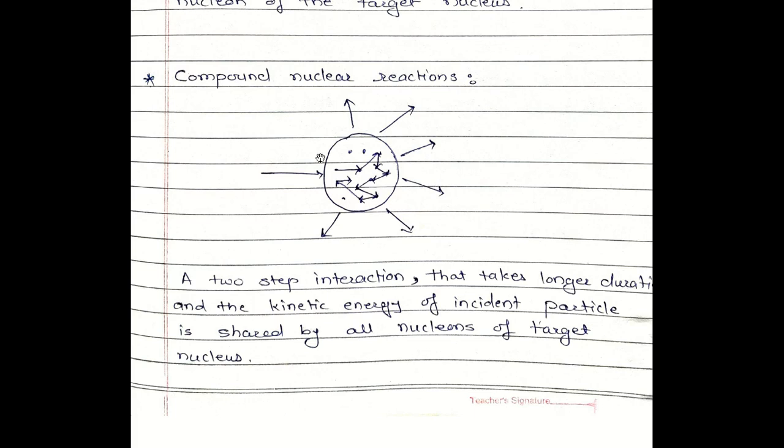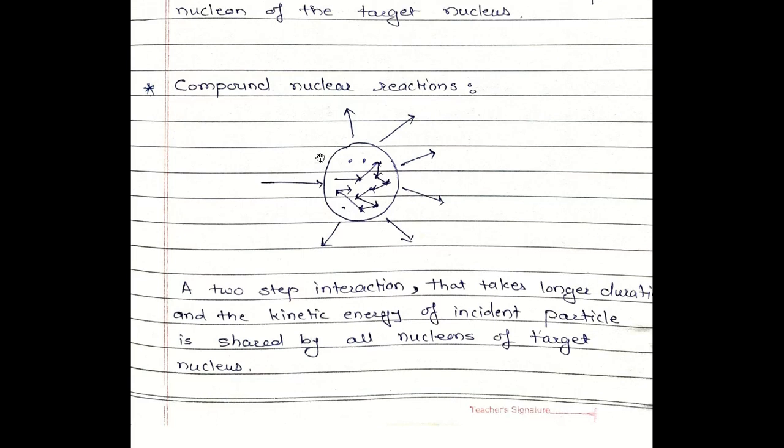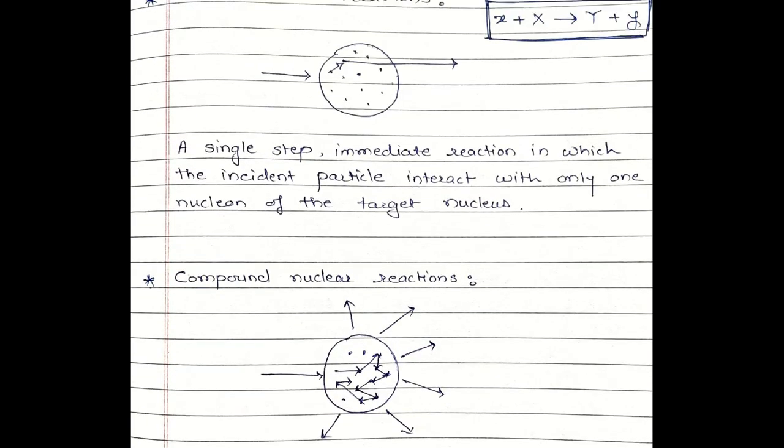Again, the very important thing here: in direct nuclear reaction, the interaction time is so short, or you can say the reaction will take place in such a short time, so immediately, that within this small duration the forward momentum of the incident particle will not be lost, right?